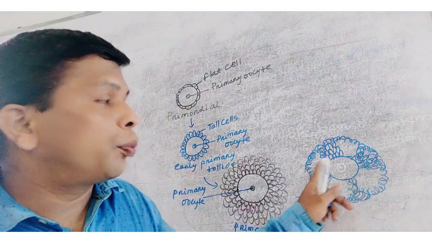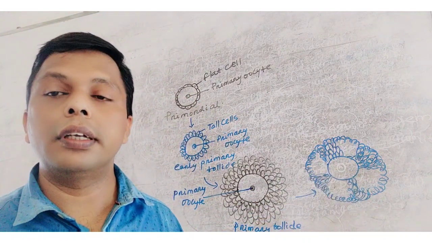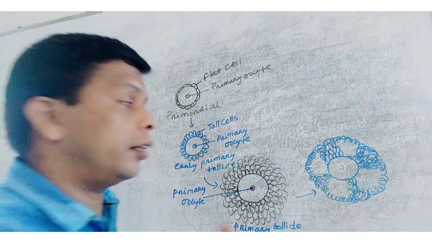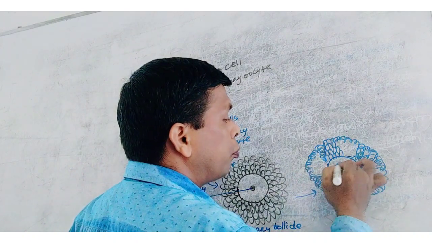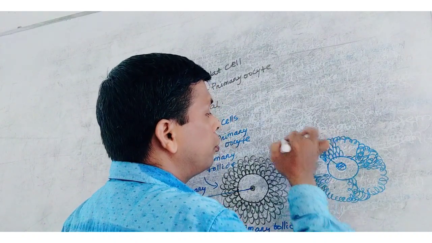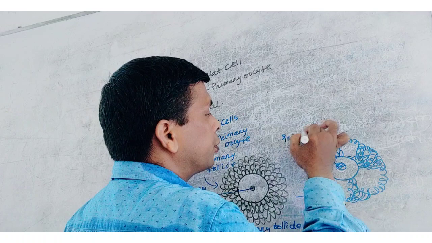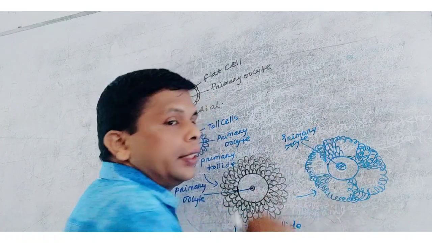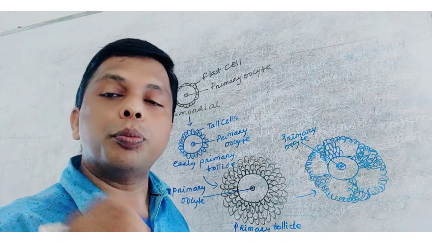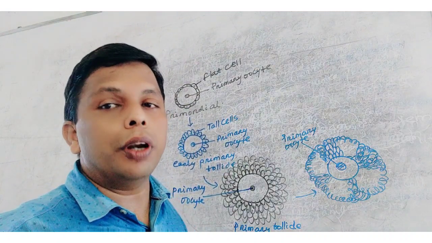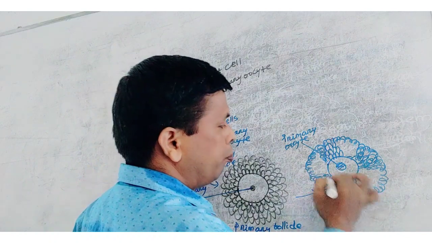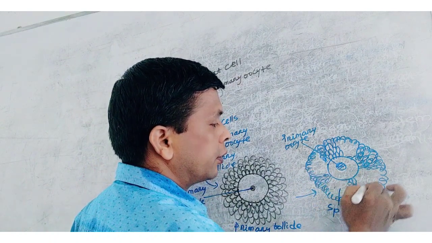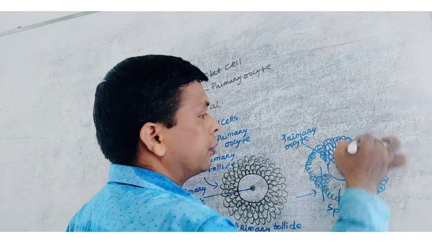Here some spaces are formed. It became the secondary follicle. The secondary follicle also consists of a primary oocyte. These spaces are formed between the granulosa cells.